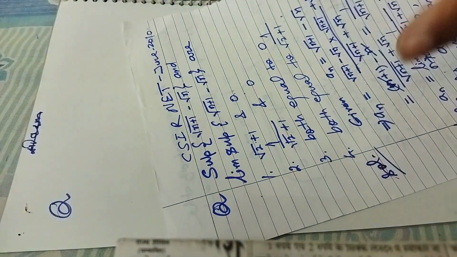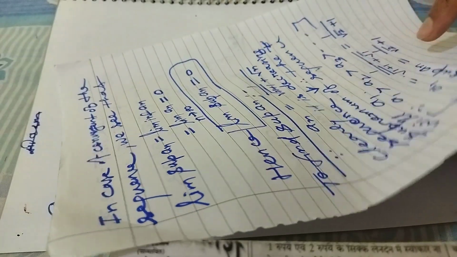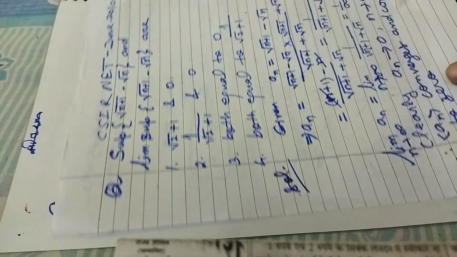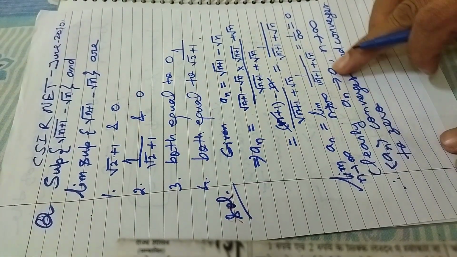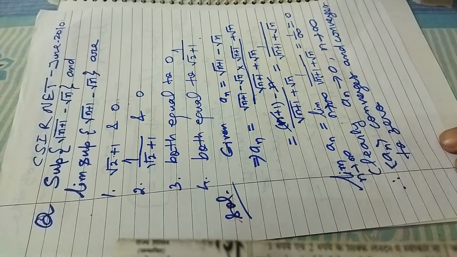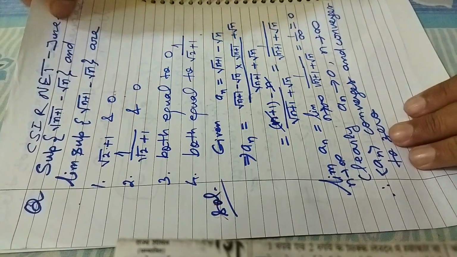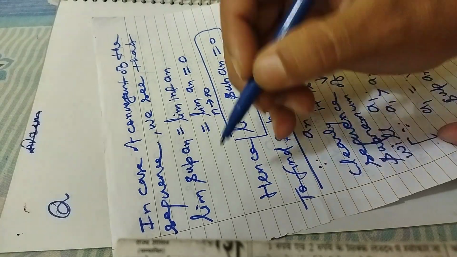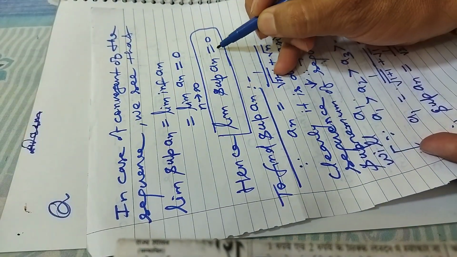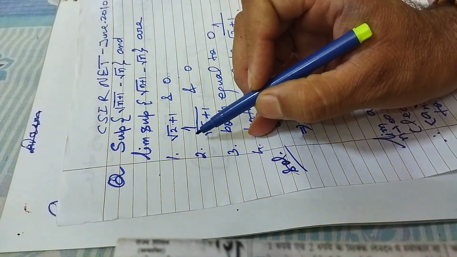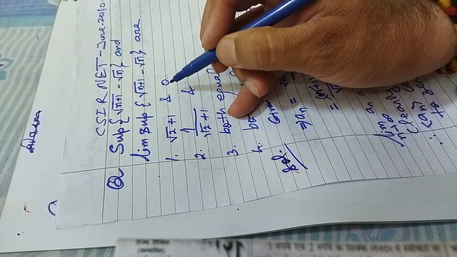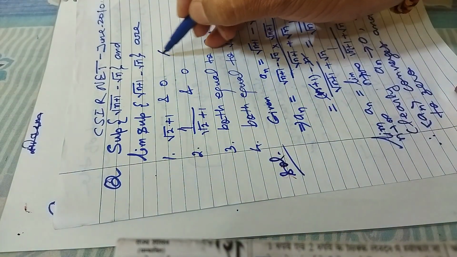So the supremum is 1 upon root 2 plus 1, and the limit supremum of an is equal to 0. So we see the options. The first option, root 2 plus 1 and 0, is wrong.